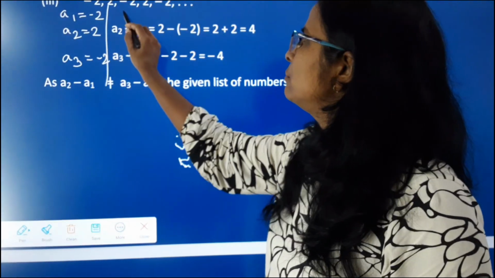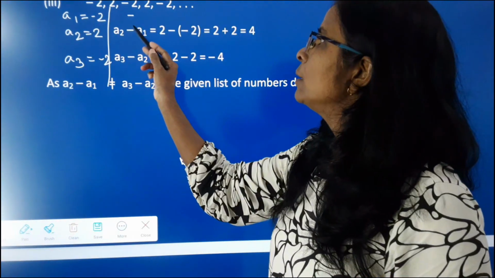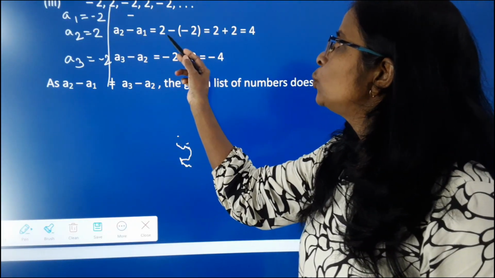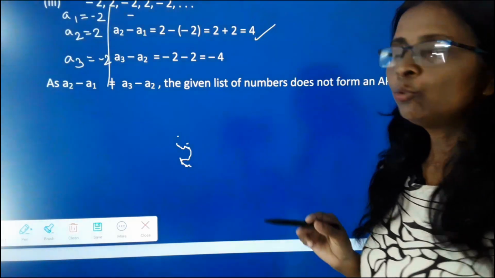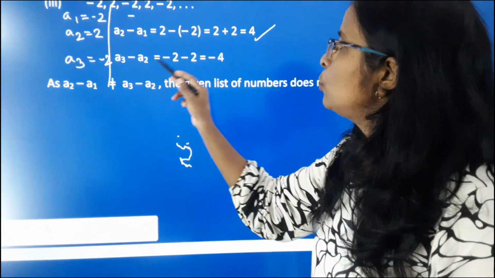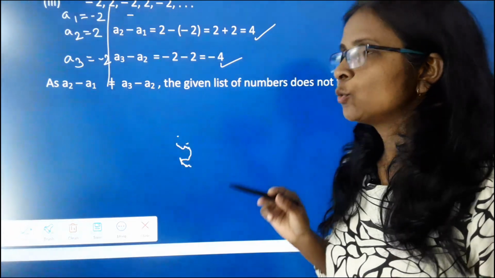Now I leave the first place here and write down the formula. a2 minus a1 is equal to 2 minus minus 2, that is 2 plus 2 is equal to 4. a3 minus a2 is equal to minus 2 minus 2, that means equal to minus 4.